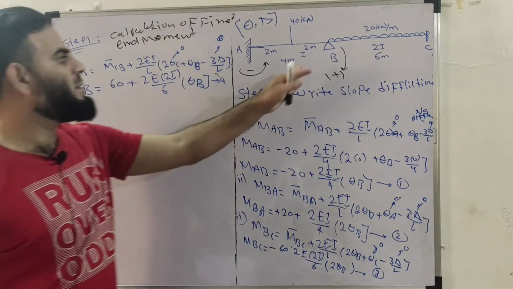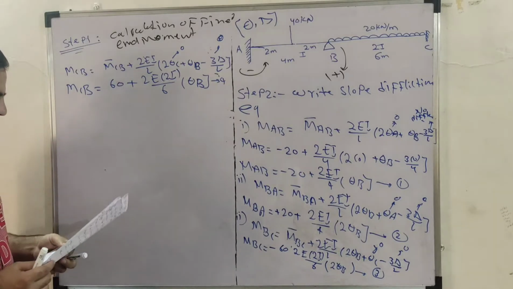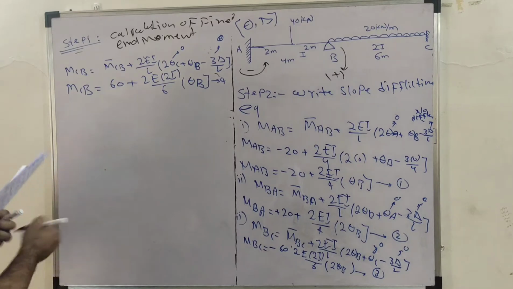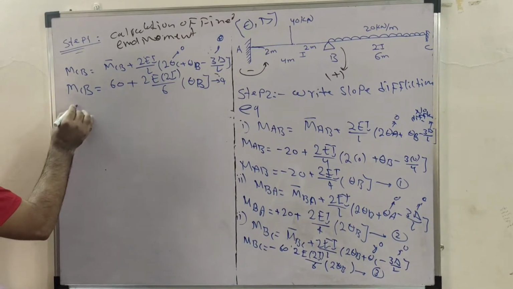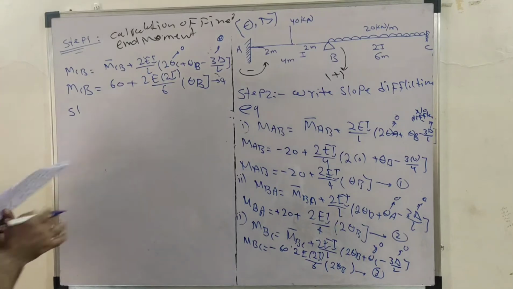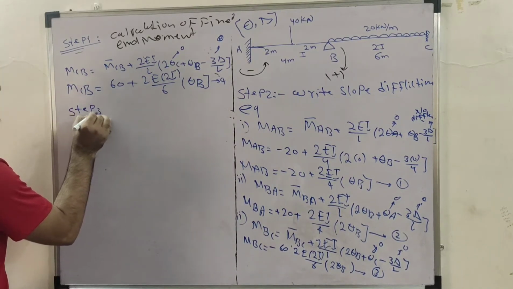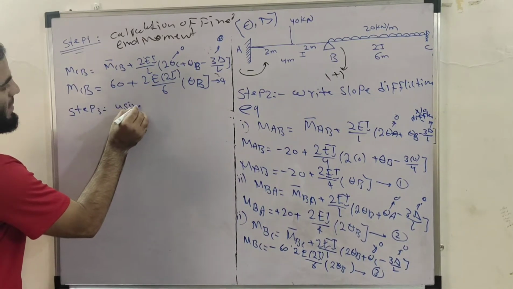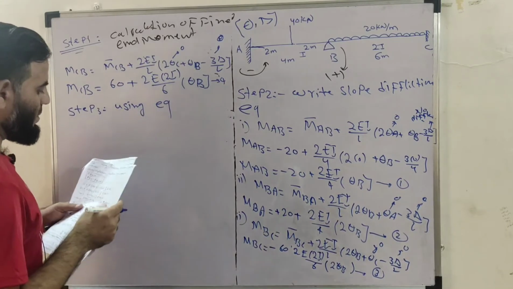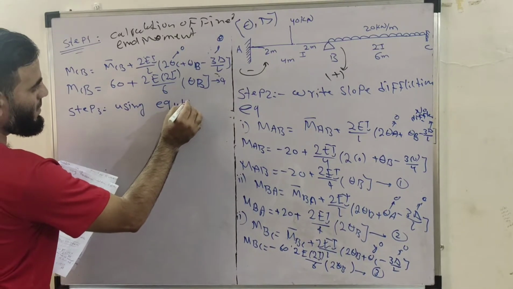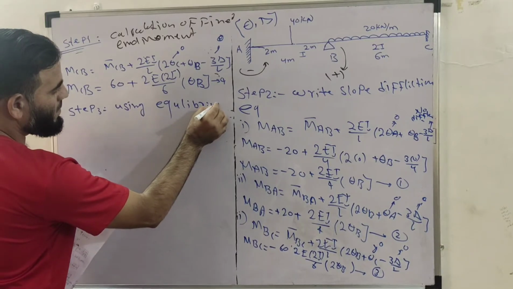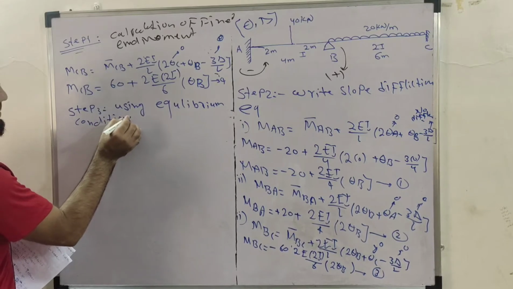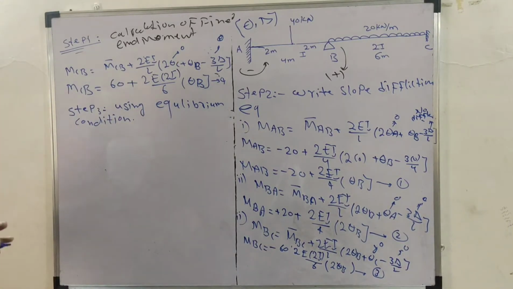At the joint B, we will calculate the joint B equilibrium condition for the support, using equilibrium condition.